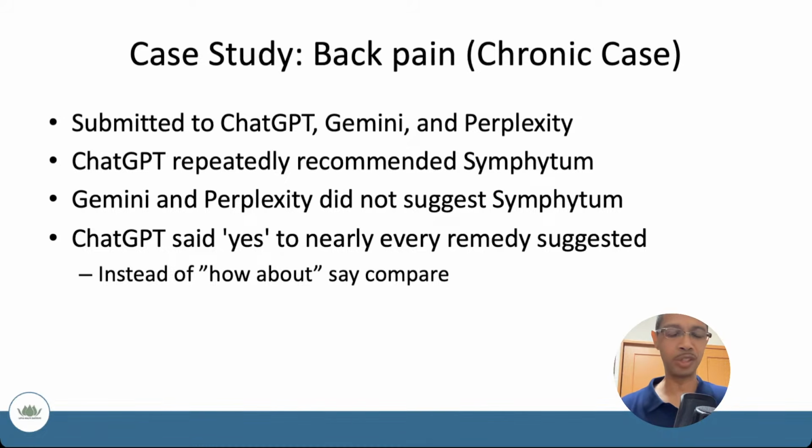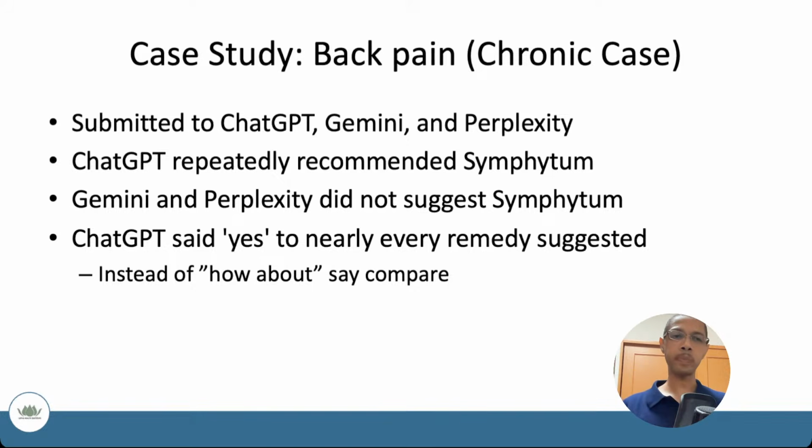Symphytum was the one it chose, because it was speculating that what happened in his initial case was maybe a fracture or a bone break in the spine or something like that. So it chose Symphytum because of the bone-knit remedy. It's saying, well, this is your best case remedy here, and it gave about three or four other ones.